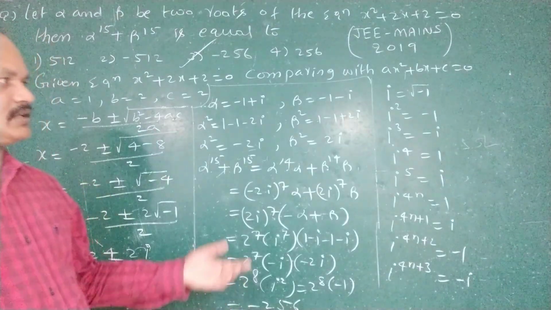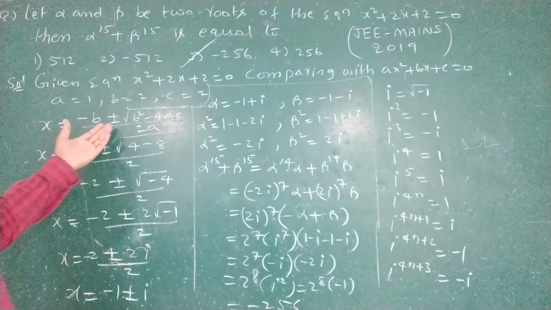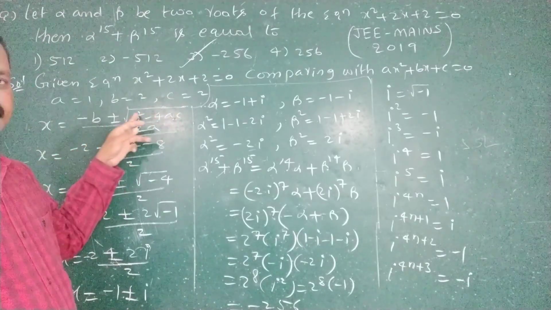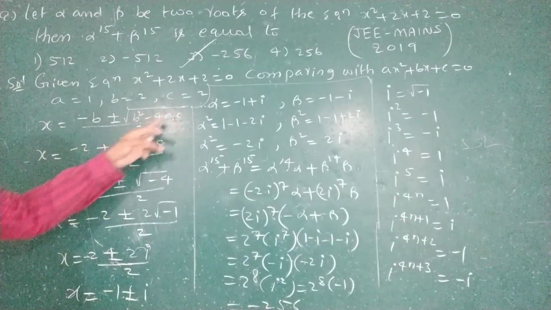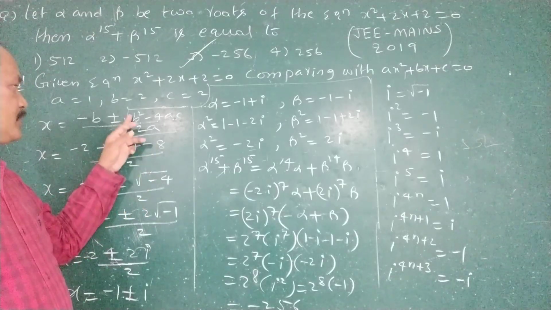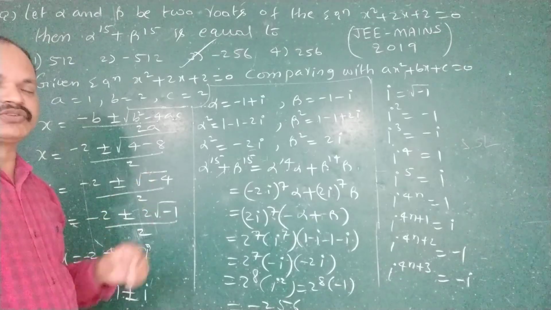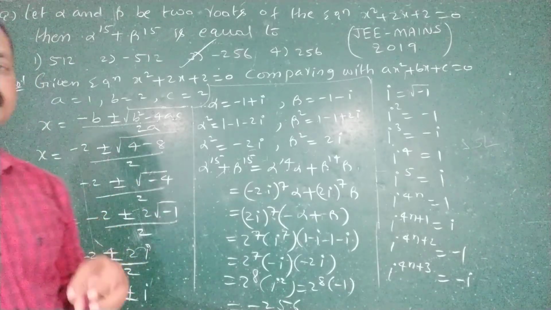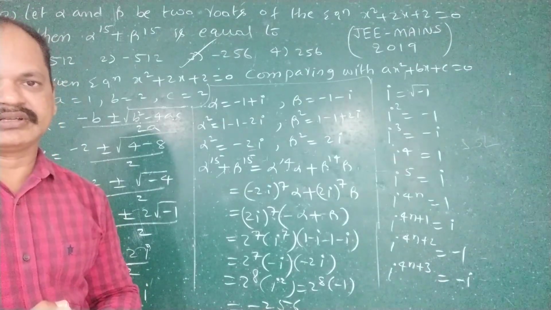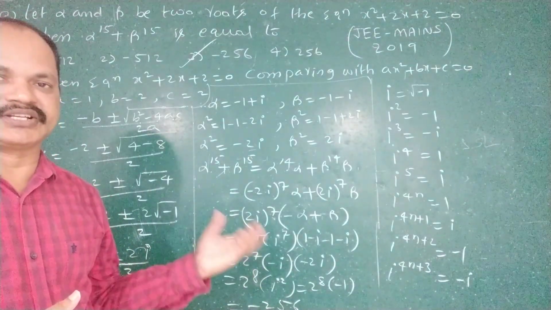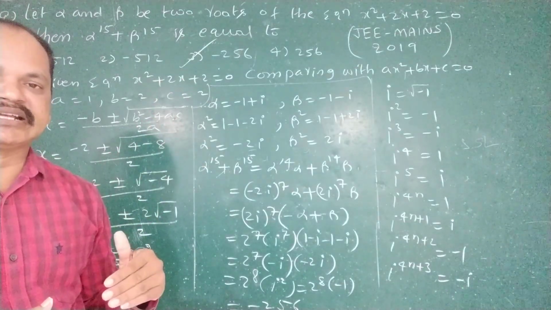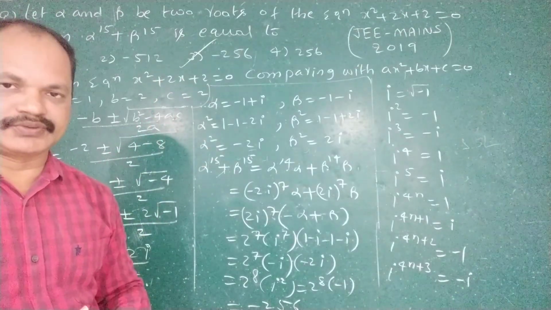The discriminant b square minus 4ac is negative, minus 4. The nature of roots depends upon the discriminant of the quadratic equation.